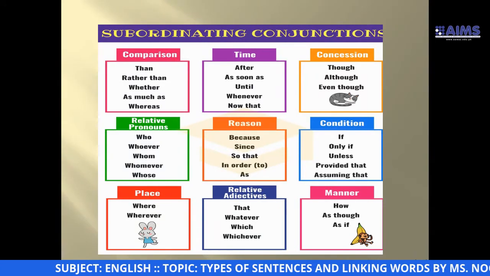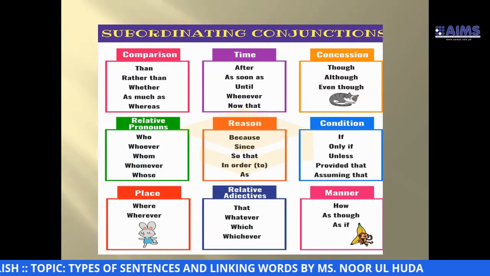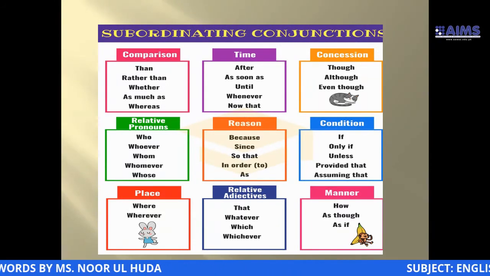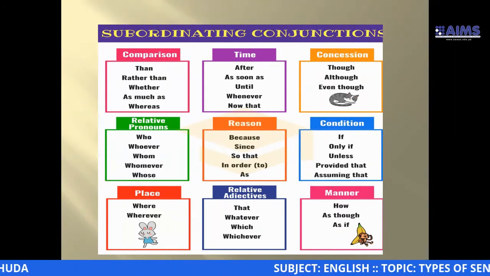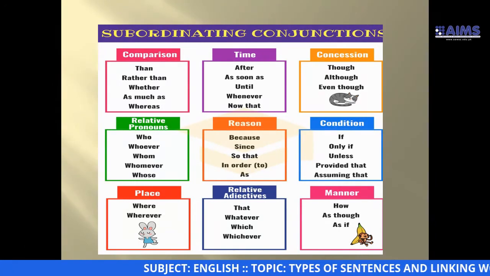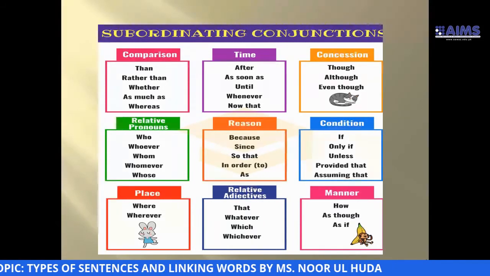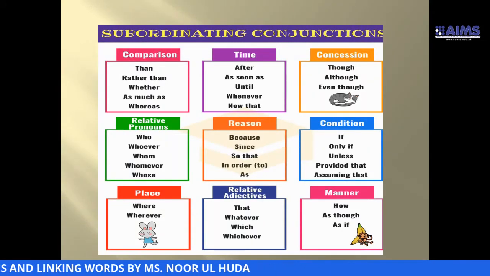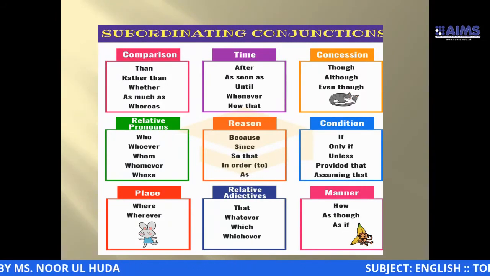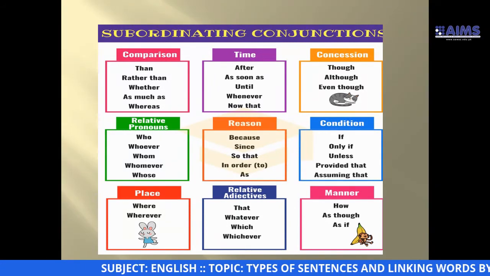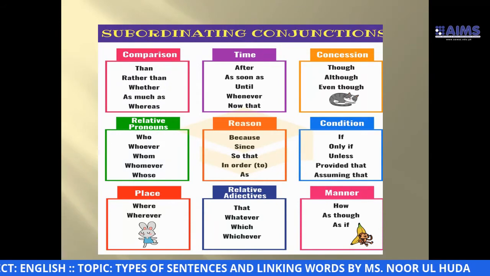To show place, where, wherever. Relative adjectives: that, whatever, which, whichever. And manner, to show how: as though, as if. So these are the different subordinating conjunctions we use when we make an independent clause into a dependent clause to form a complex sentence.